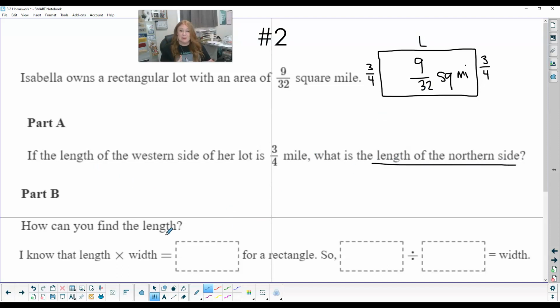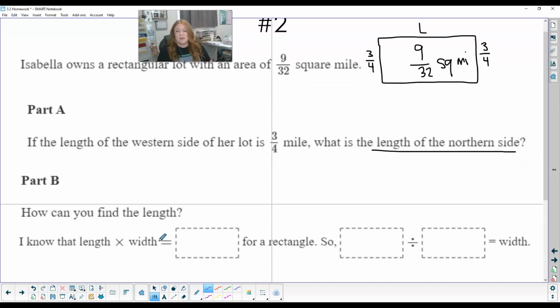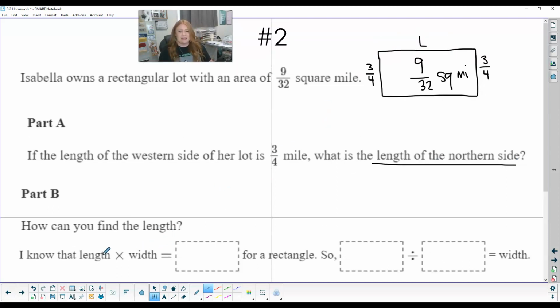I'm actually going to skip down to part B because it's going to walk me through what I need to do. So to find the area of a rectangle, we do length times width, and that equals the area of a rectangle. Now I have the area and I have the width. So I really have length, I don't know, times 3/4 equals the area, which is 9/32.